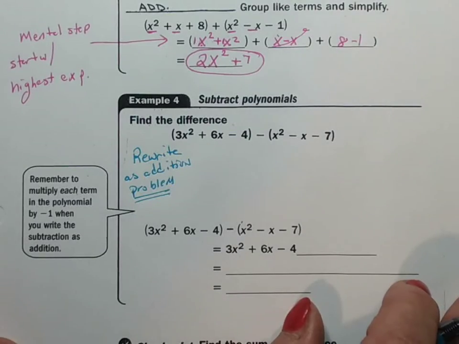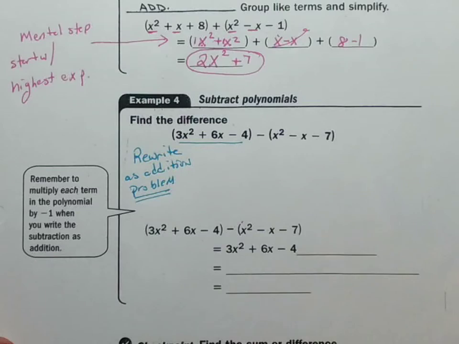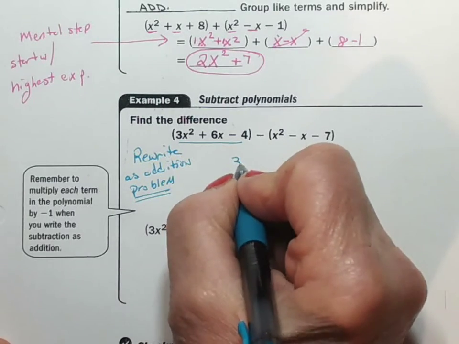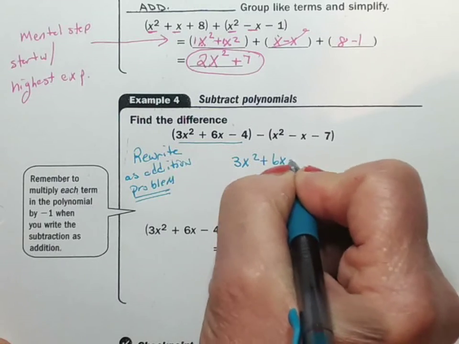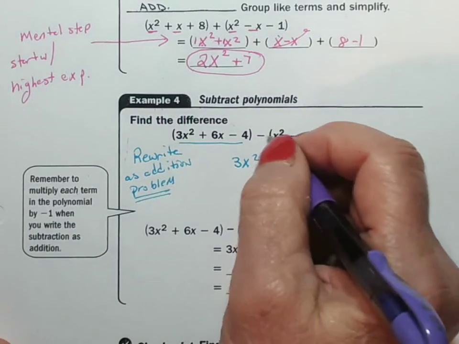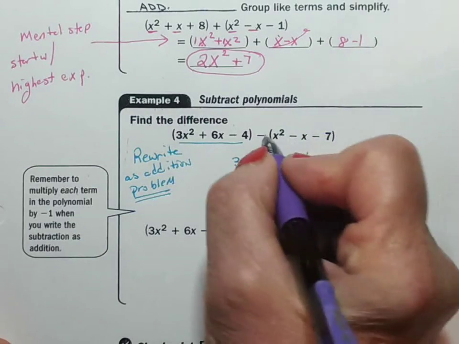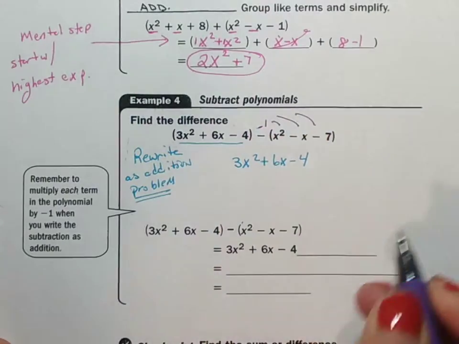All right? So the first thing we do is this one, we don't do anything. We just write that down. 3x squared plus 6x minus 4. Now, we can either take the opposite or we can take this and we're going to distribute negative 1.